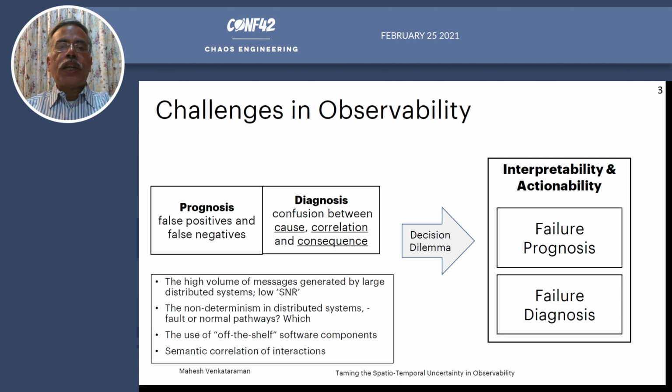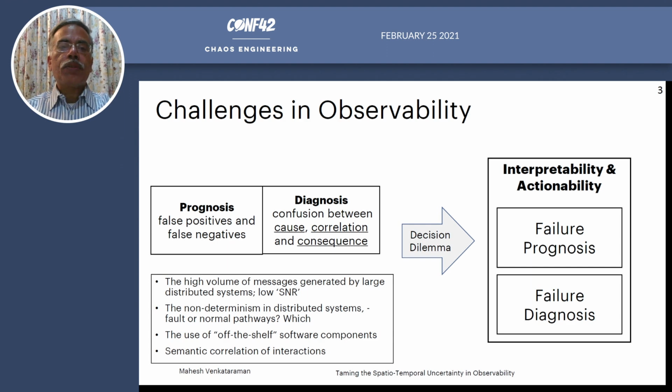The challenges. There are multiple challenges in proactively discovering failure modes and performing diagnosis during these experiments. Logging and monitoring data and their visualization from observability tools is often too overwhelming and voluminous for them to be actionable. There is very low signal to noise ratio.